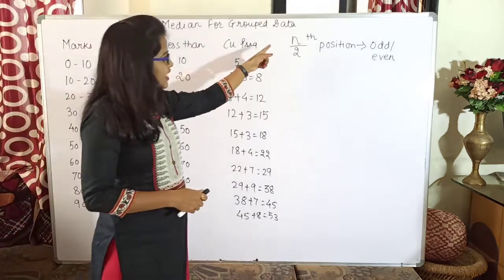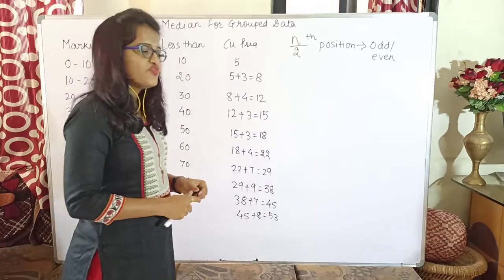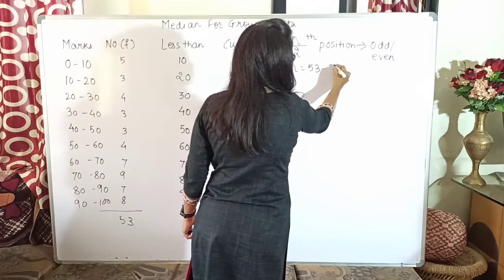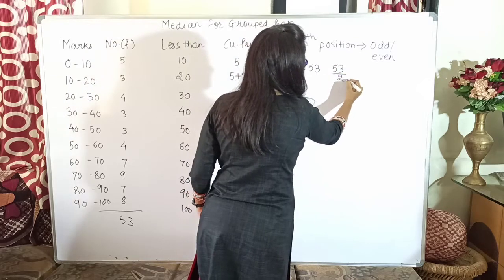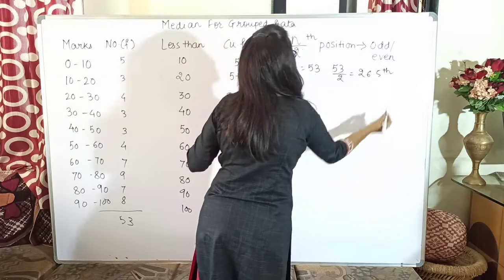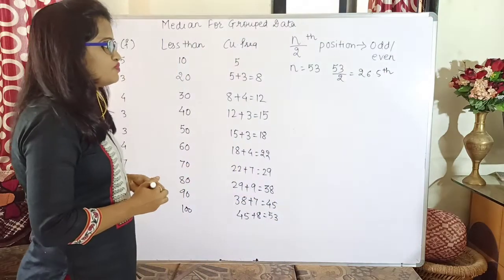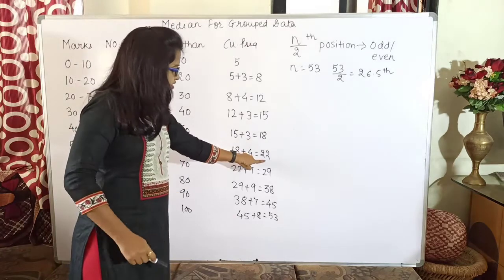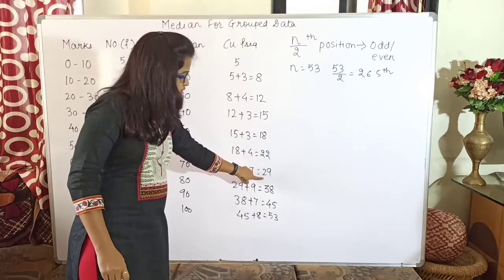Okay, so n by 2, what is my n here? It is 53. So my n is 53, which will give me 53 by 2, and that is 26.5 position value. So let us see. Here it is my 22 and here it is my 29.